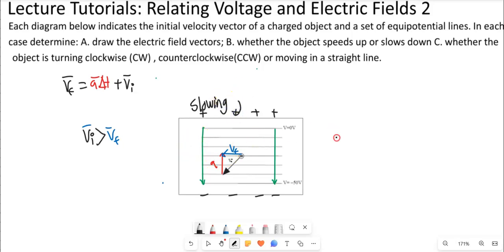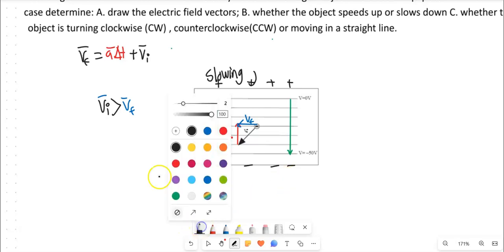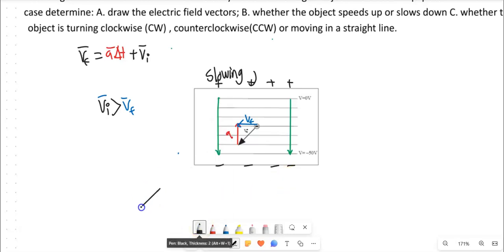And let's determine if it's turning clockwise or counterclockwise. Well, the initial velocity vector is pointing down and to the left. And now we're going to add that final velocity vector to it, which is a smaller vector.